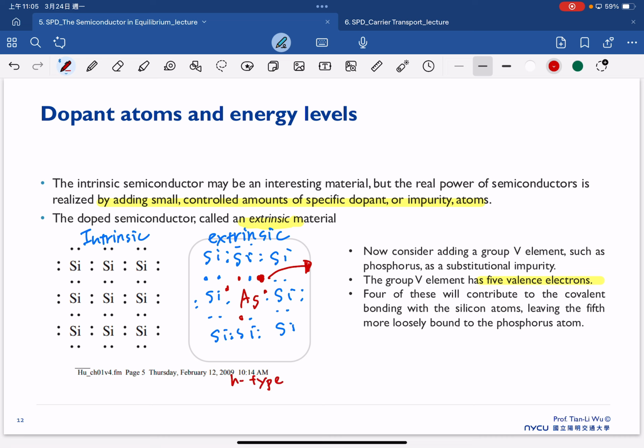So this is something that we already mentioned in several classes before, that we try to dope our material, and then we can change the material property from intrinsic to N-type or P-type.